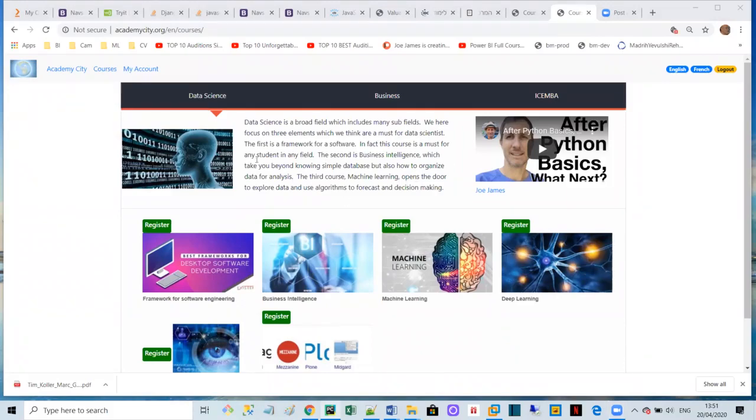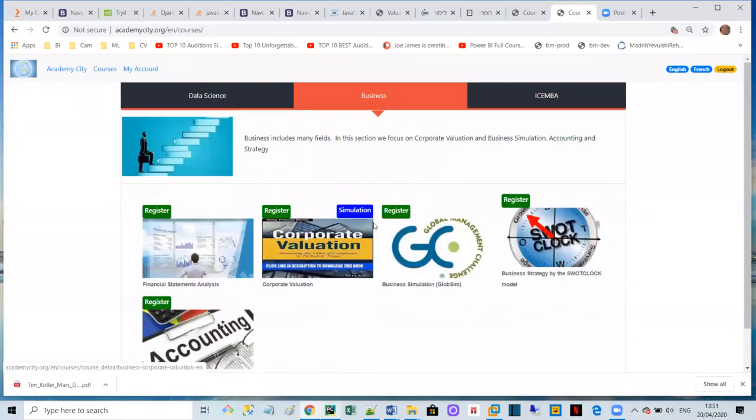Okay. If I go to courses, as I did here, I will go into business. You will notice after you register, you got a simulation, okay? This is a special button. And that's the reason why we're using this website, because there is a feature that you don't have really in other frameworks, and it's designed for this specific course.